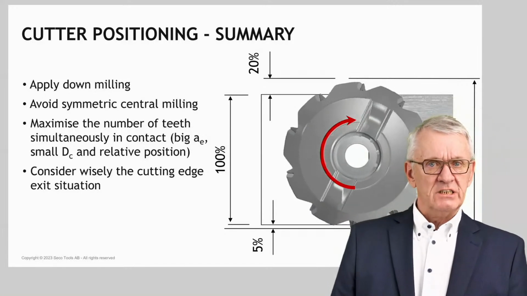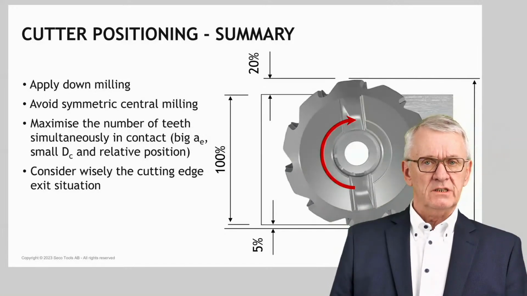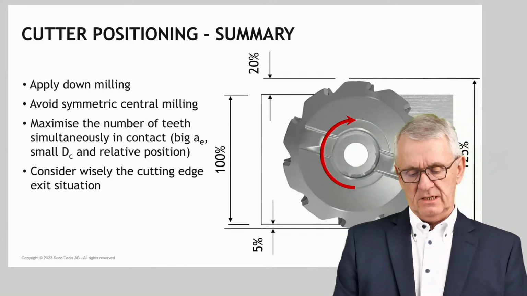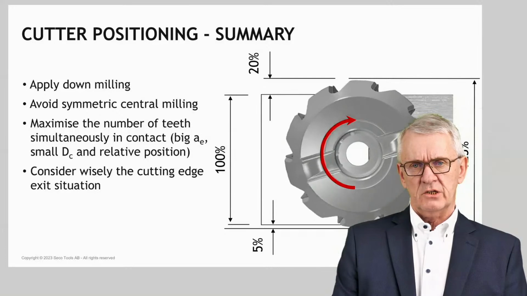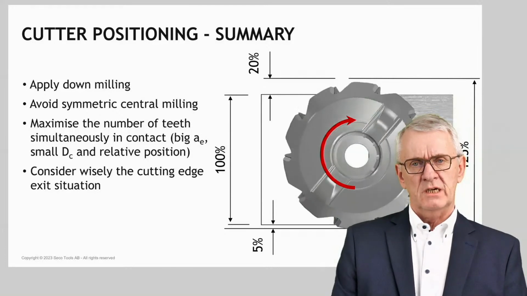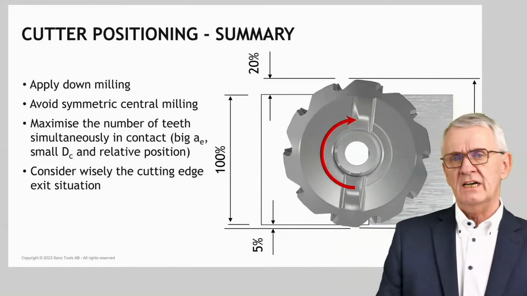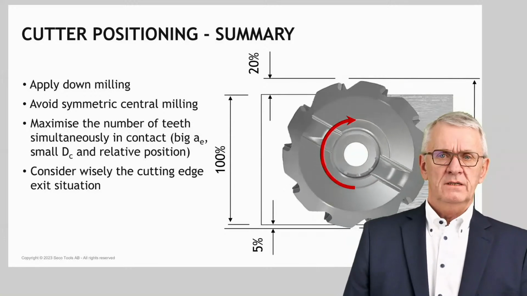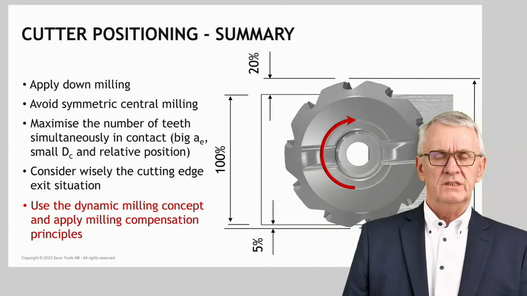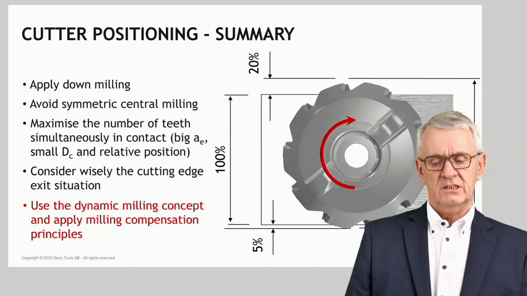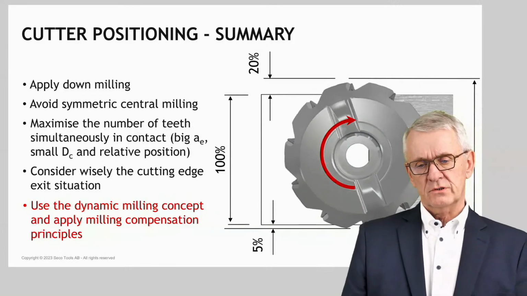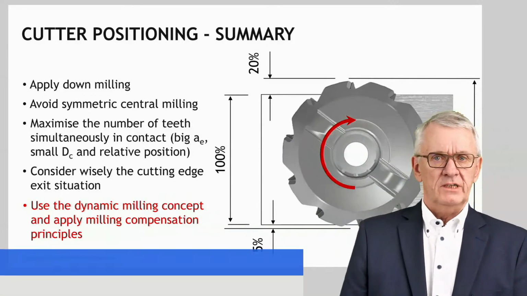Consider wisely exit situations. Think of the danger of exit angles in a case roughly half the diameter of a milling cutter wide, centrally in front of a milling cutter, where you should try to avoid that cutting edges leave the workpiece. And in all these cases, if it's not possible, okay, live with it.